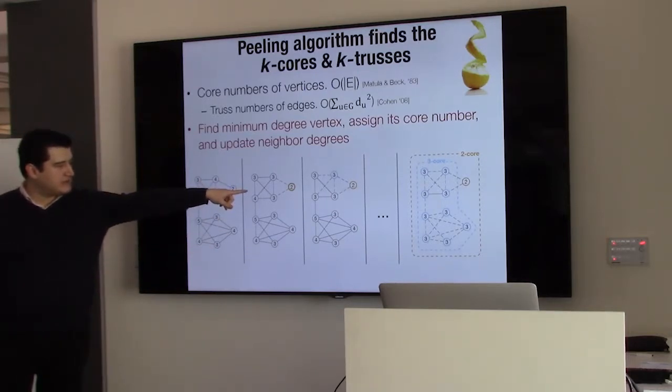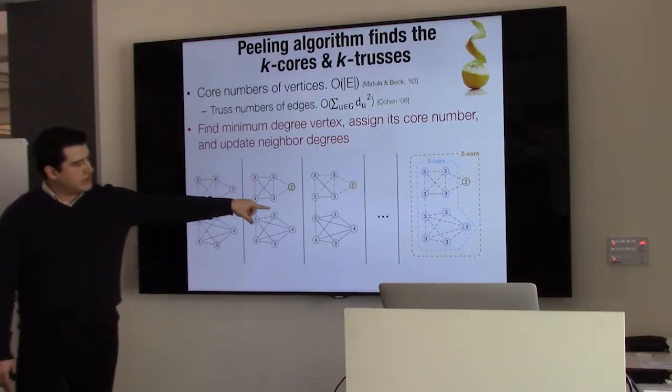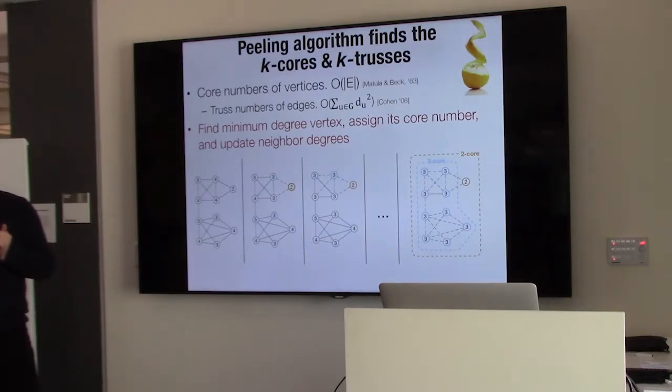I assign the core number and decrement the degrees of the neighbors, and I just continue until I have all the core numbers. At the end, the k-core subgraphs can be defined by a simple BFS traversal on those core numbers. So you basically have the indices, and you let the user find whatever k-core she's looking for.